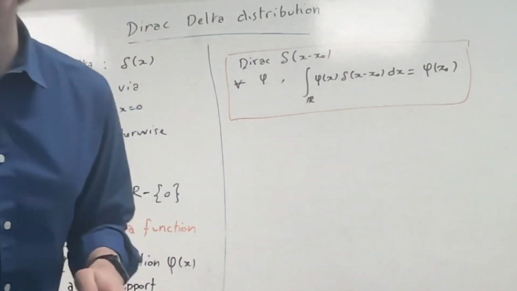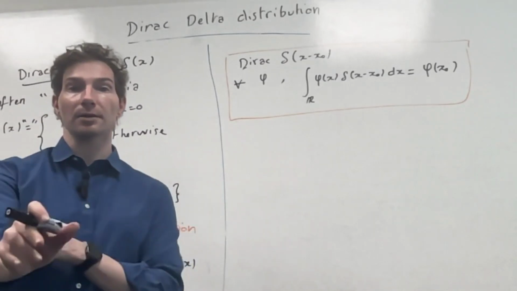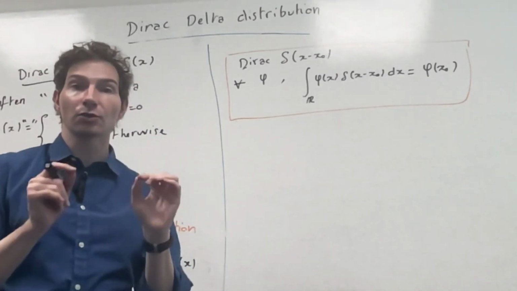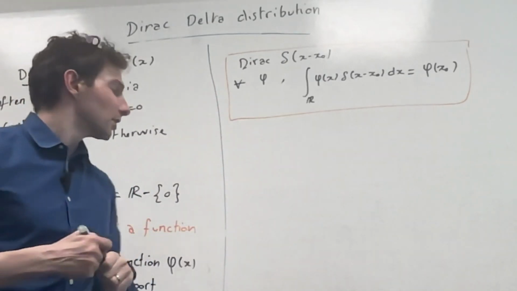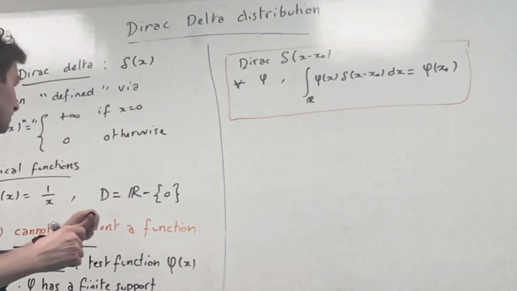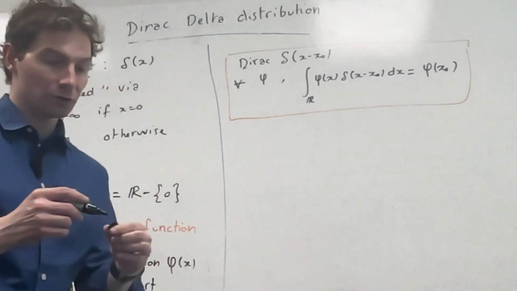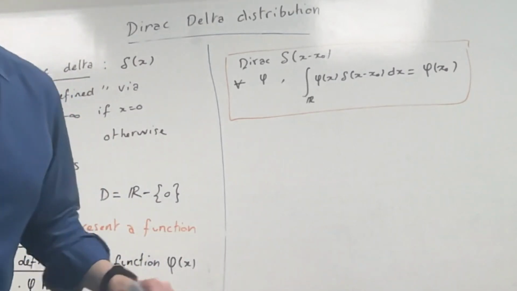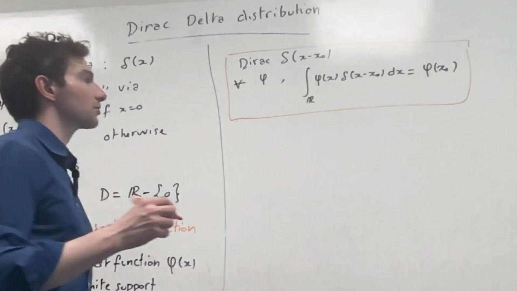Now, before we move on to showing some properties, what we need to do is realize what it means for two objects like that to be equal to each other. So delta cannot represent a function. What I'm going to say here is that when you define stuff that way, then you talk about distributions, not functions.